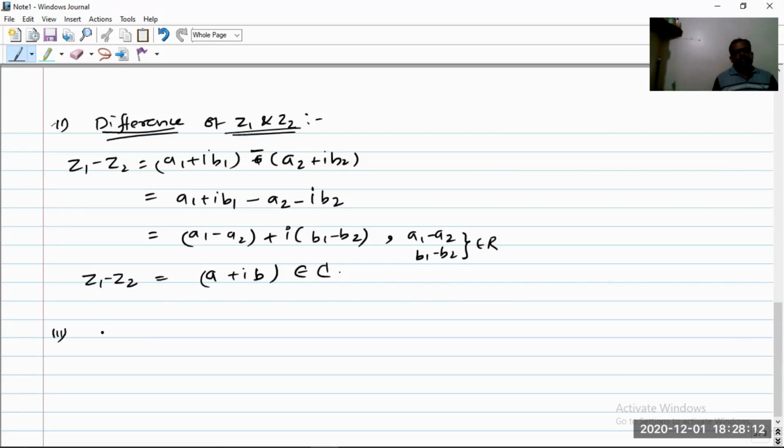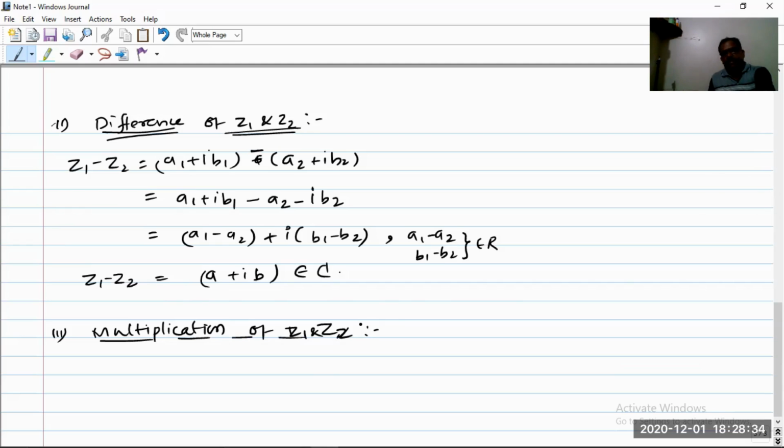Now we'll come to the third algebra of complex numbers, that is called the multiplication of complex numbers. Multiplication of complex numbers, say Z1 and Z2. How will it be obtained? Let us see, it's very simple.